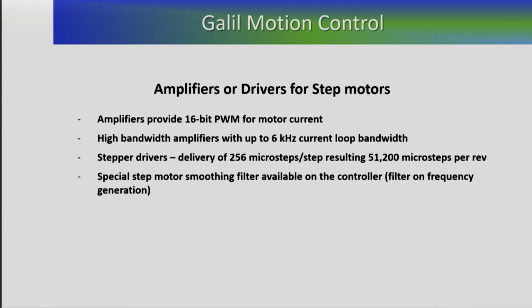So that's another option if you're looking at lower cost and using stepper motors instead of servos. Using stepper motors, there are filters available in a motion controller that allow you to control the frequency and the transition from one frequency to the next frequency to avoid a potential stall or the risk of exciting resonances. So you can take advantage of the step motor smoothing filter, which is basically a low pass applied on the frequency generation path.